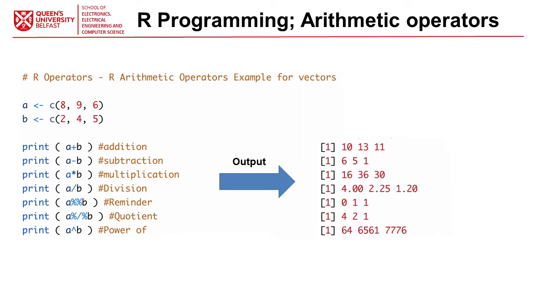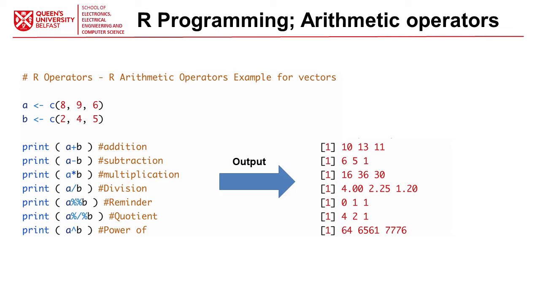Okay, so the interesting part is you can use these operators for vectors as well. It means if you have a with c, three values, a is a double vector with the initial values of 8, 9, 6, and b again 2, 4, 5. So we can use these operators for these vectors as well.